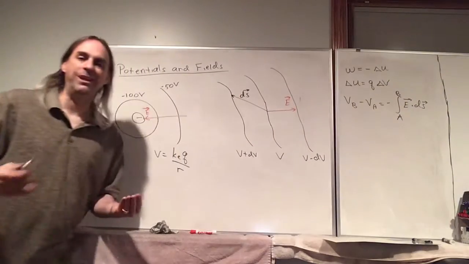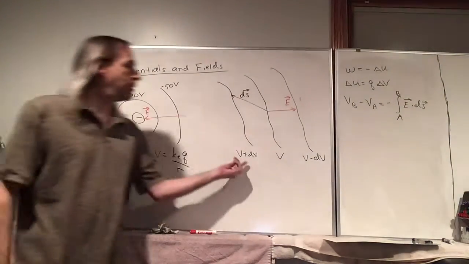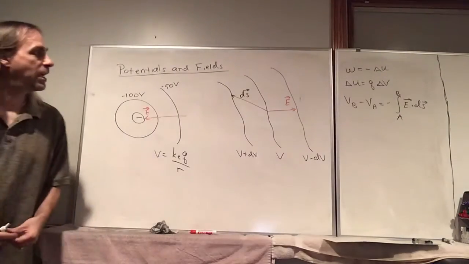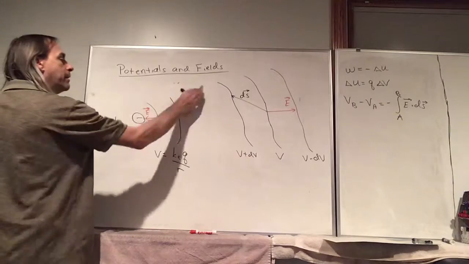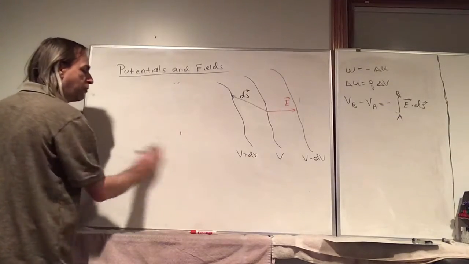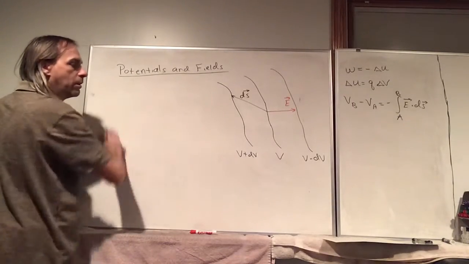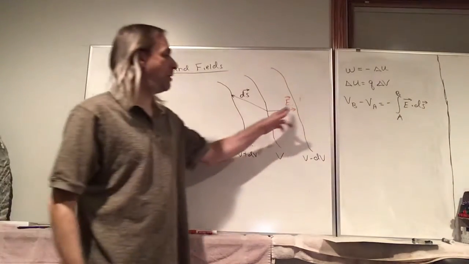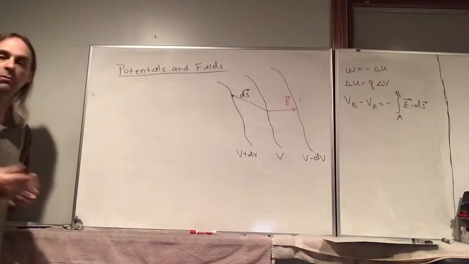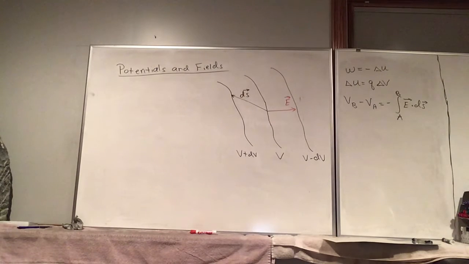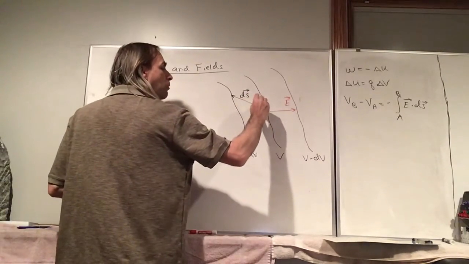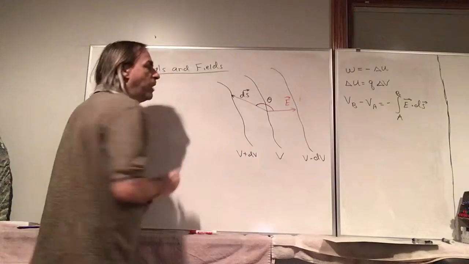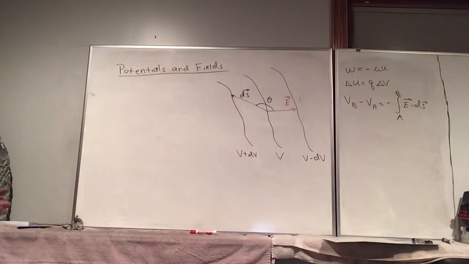And again, I drew it like it's a fairly large displacement. Again, we're looking at tiny changes in potential. This is a small displacement. And so now, this picture looks a little better. The electric field is going from high potential to low potential. That is the correct way for it to go. And we have some arbitrary displacement. And so generally there's going to be an angle between the displacement and the electric field.